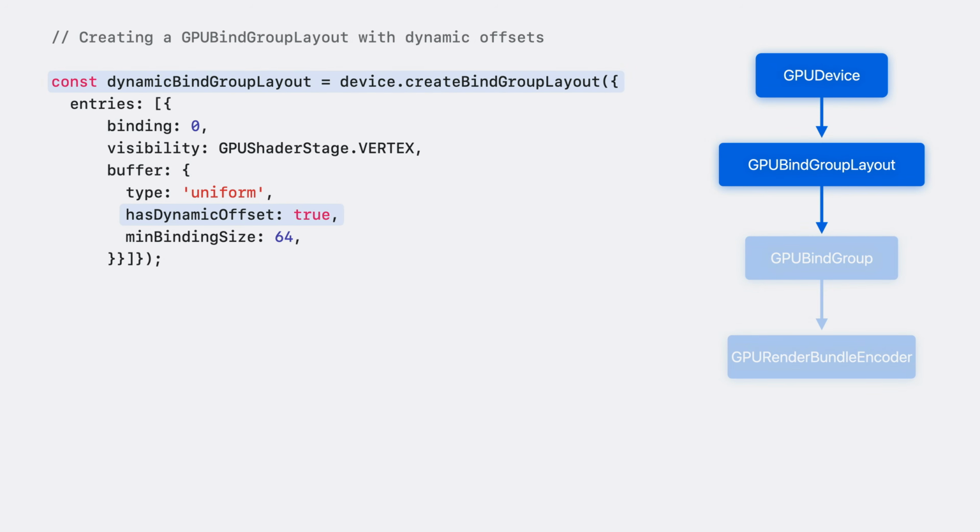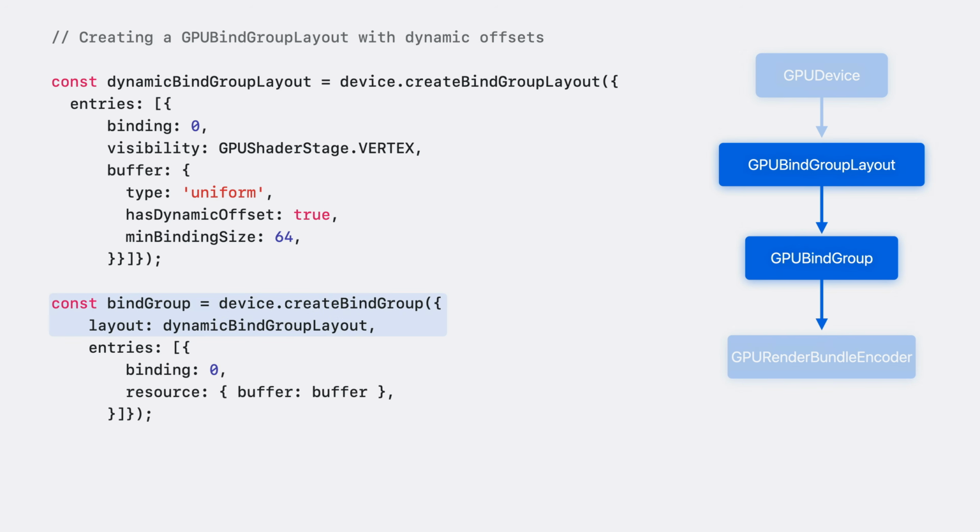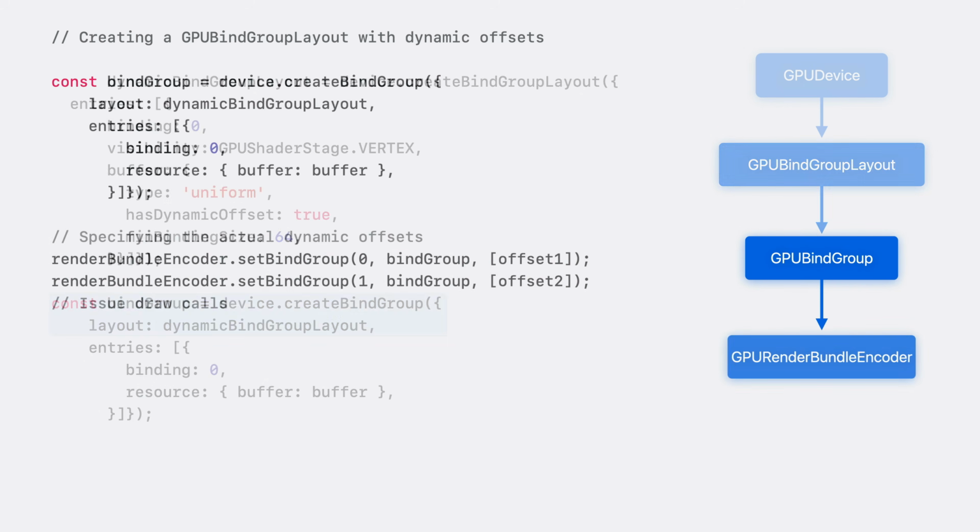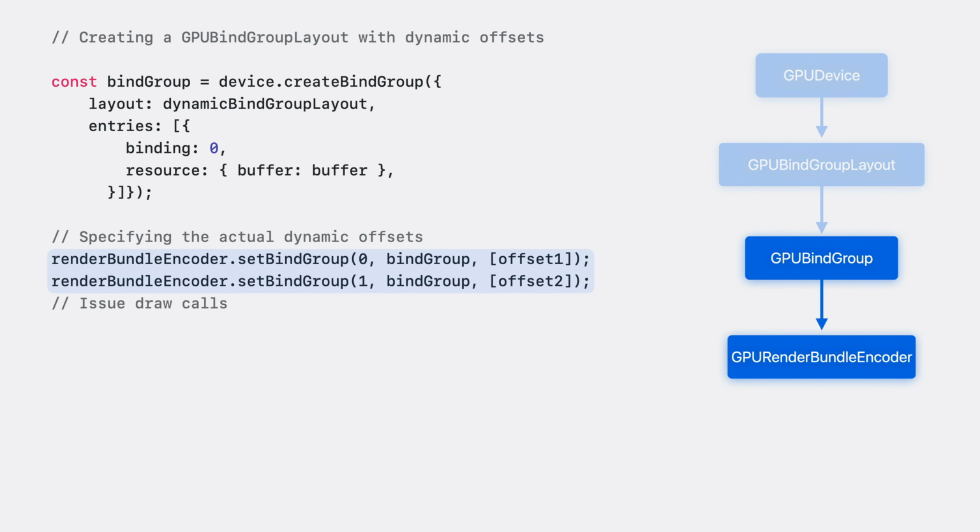The layout is created by calling createBindGroupLayout with hasDynamicOffset, and then pass the newly created layout to create the bind group. The dynamic offsets are involved in calls to set bind group. One offset per dynamic buffer in the bind group is required.